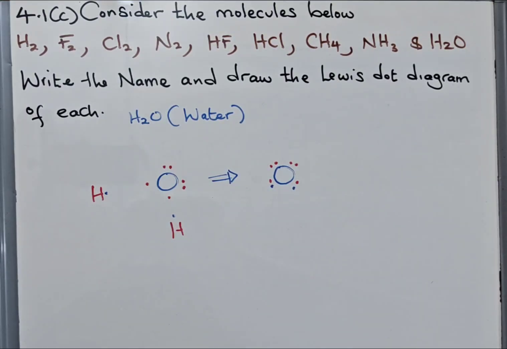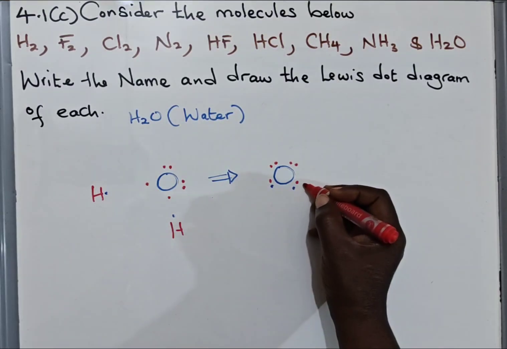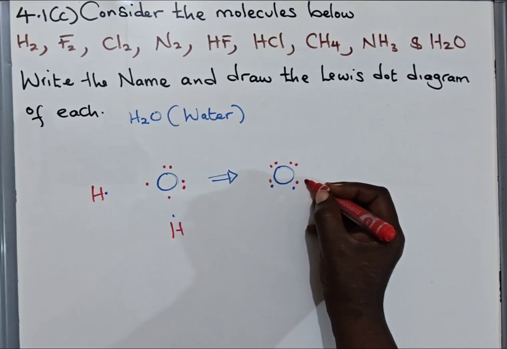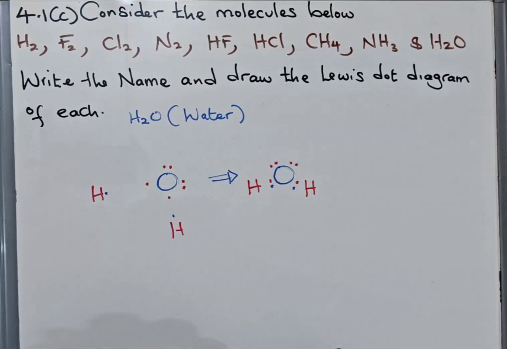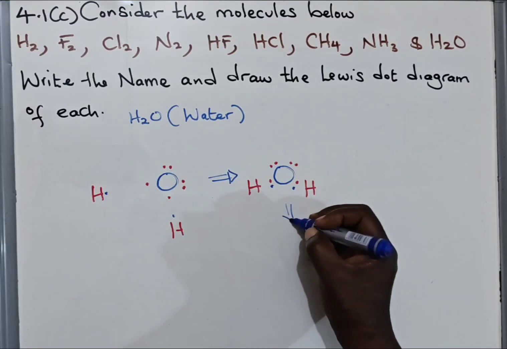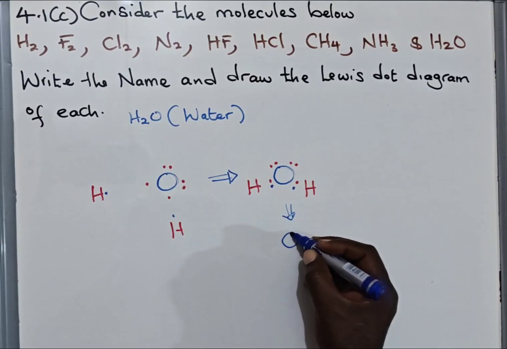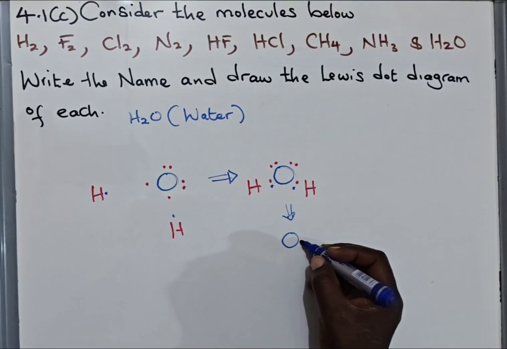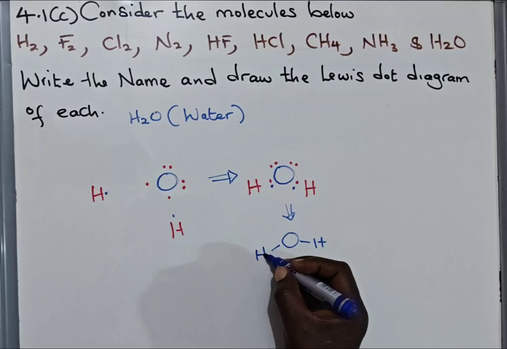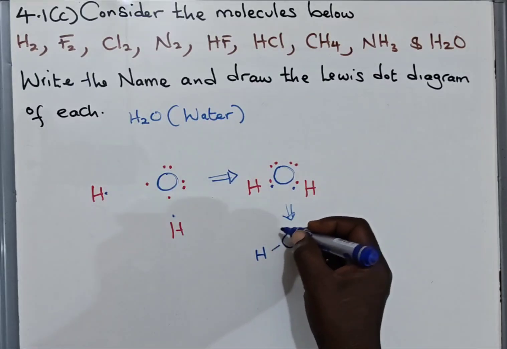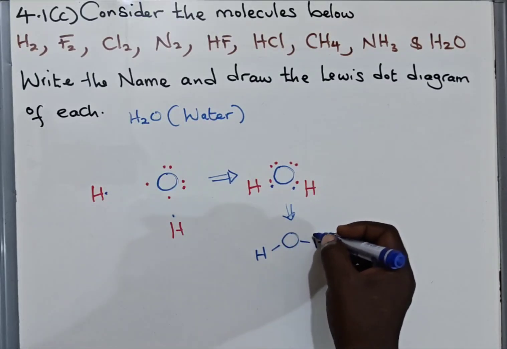So this is what we are going to have. So that is that. If you want the structure formula for this, it's going to be oxygen bonded to hydrogen and hydrogen. Yes, here we have the 2 lone pairs on top.